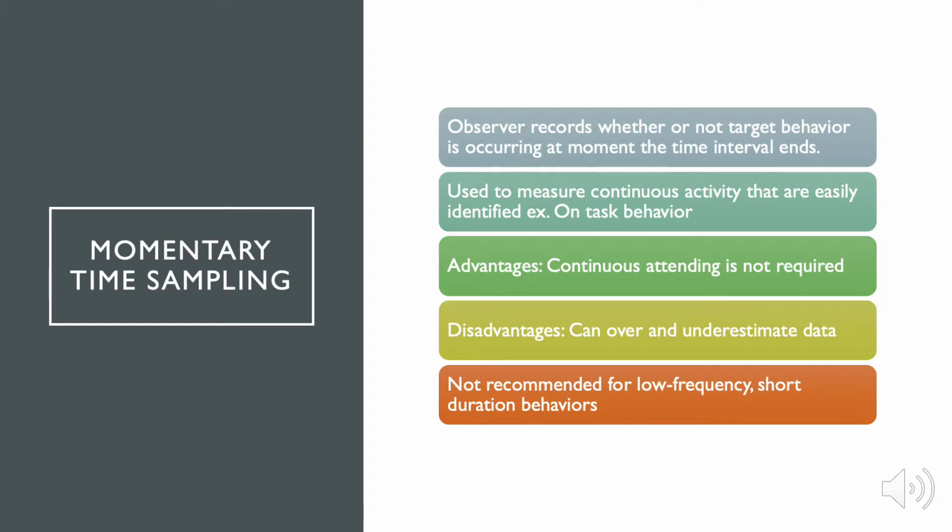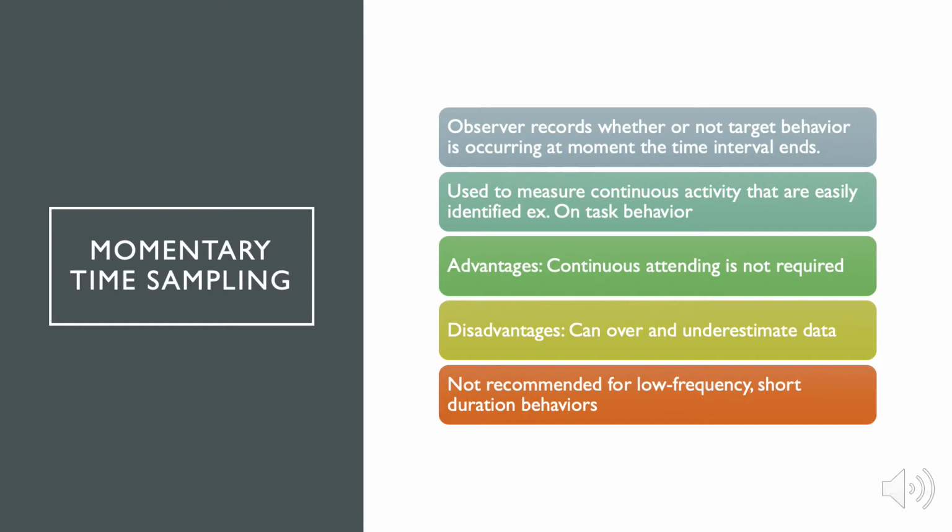However, I did find in Cooper that when the interval is greater than 2 minutes, it is likely to over or underestimate the data. However, if it's less than 2 minutes, it's more likely matched to a continuous measure. So there is that.